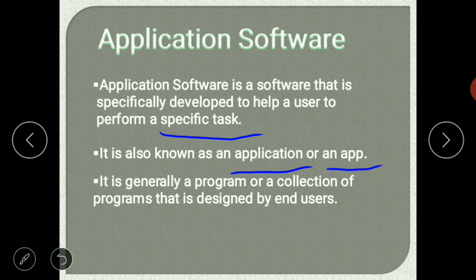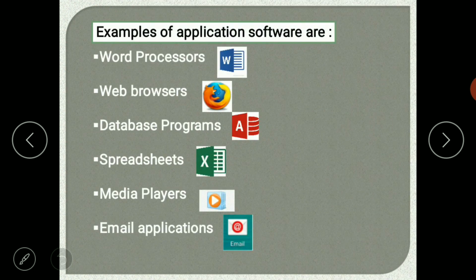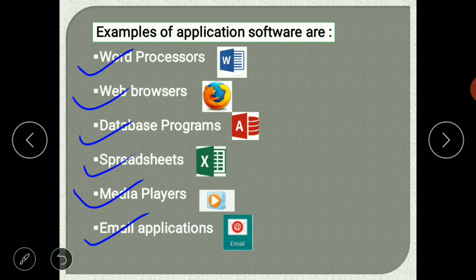So let's understand examples of application software. Examples of application software are: first is word processors, second is web browsers, third is database programs, fourth is spreadsheets, fifth is media players, sixth is email applications.